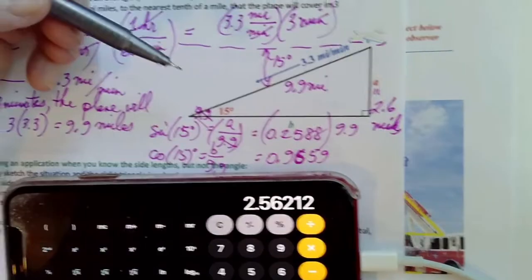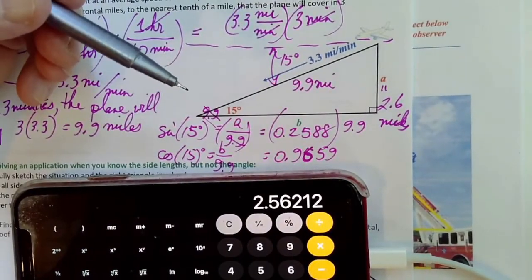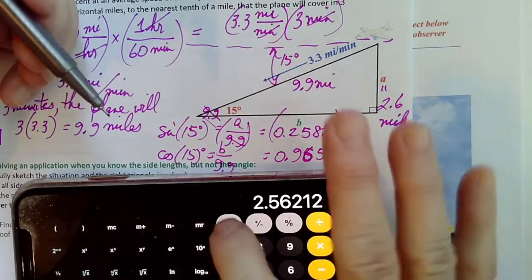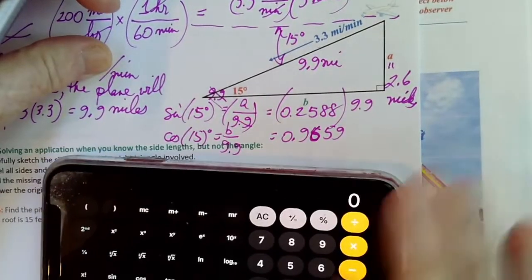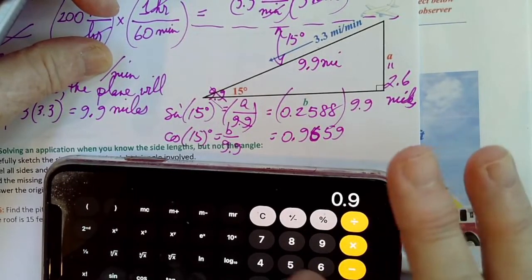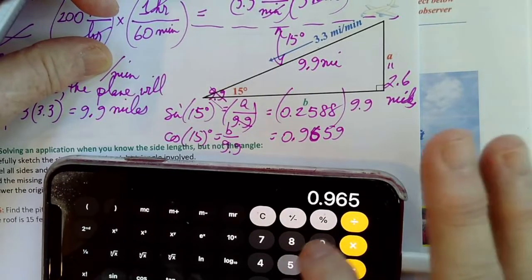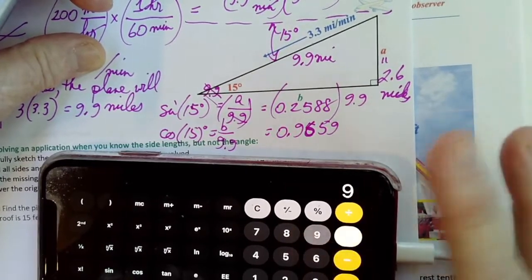in 3 minutes. Let's see how far it goes horizontally. So we've got 0.9659 times 9.9.